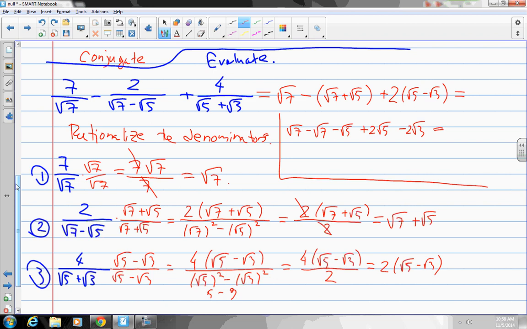Those first two cancel, that's for sure. So you have negative plus 2 square root of 5. No, you can combine these two. That's negative square root of 5 plus 2 square root of 5, so that leaves you with 1 square root of 5, minus 2 square roots of 3. So that's the answer.